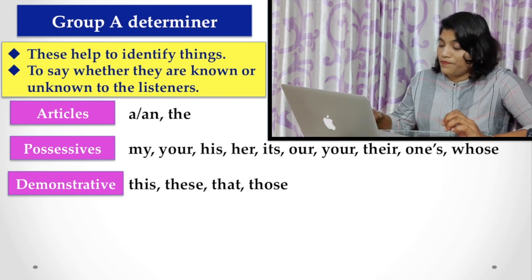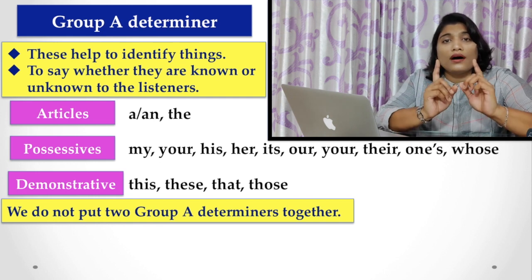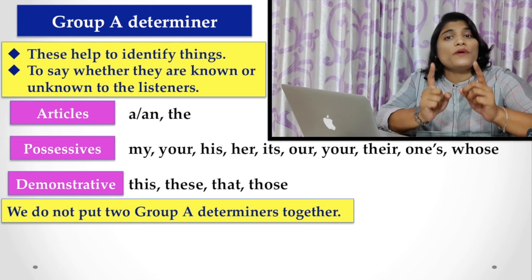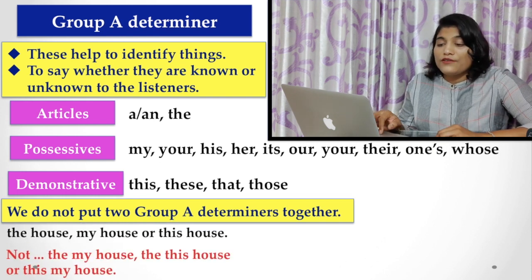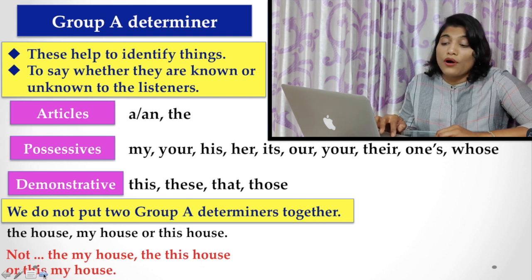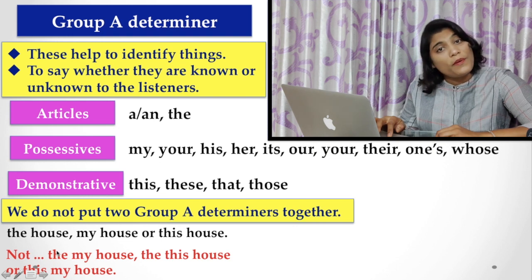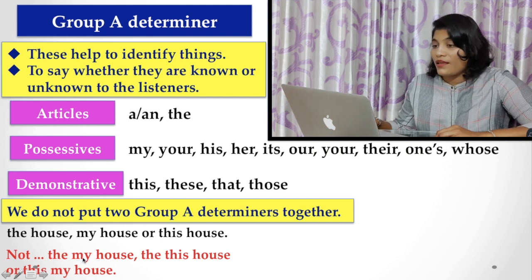that, and those. We do not put two group A determiners together in a sentence. For example, you can say the house, my house, or this house, but we never say the my house, the this house, or this my house, because the is a group A determiner and my is also a group A determiner, so you don't put them together in a sentence.